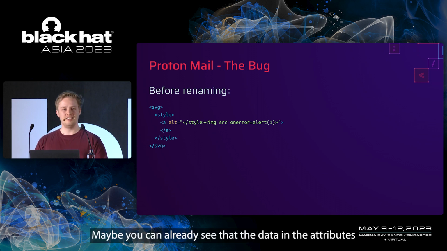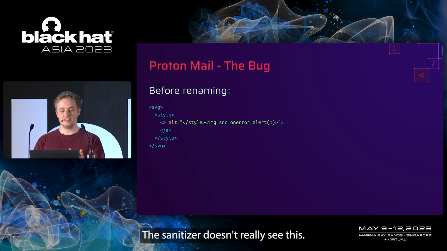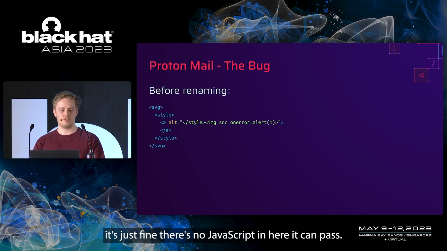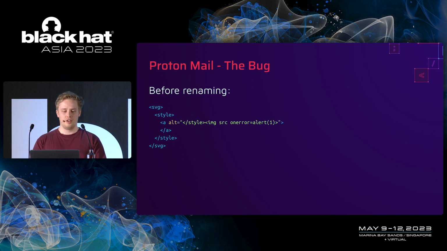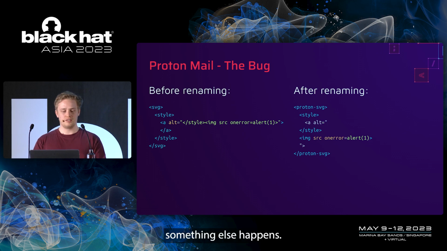Maybe you can already see that the data in the attribute's value is a little bit fishy, but so far, the sanitizer doesn't really see this. If you sanitize this with DOMPurify, it will say, yeah, it's just fine. There's no JavaScript in here. It can pass. But after renaming the SVG tag to proton-svg, something else happens.